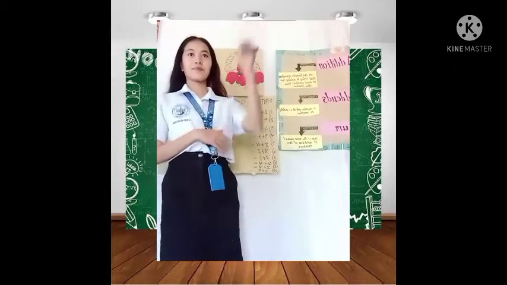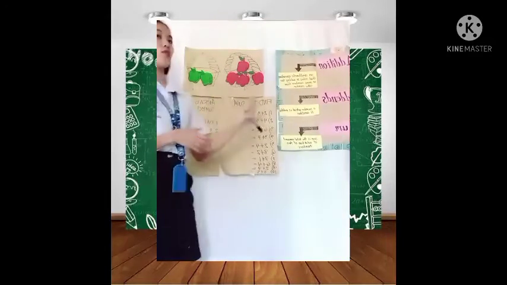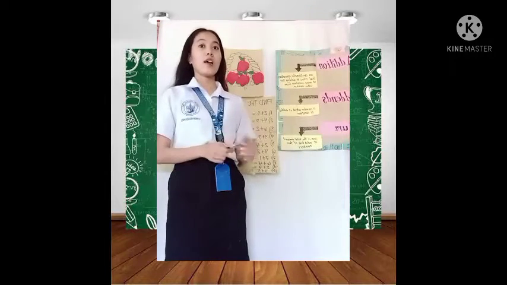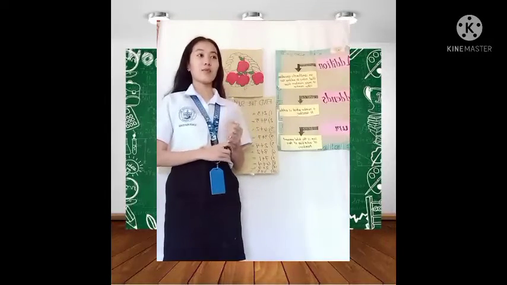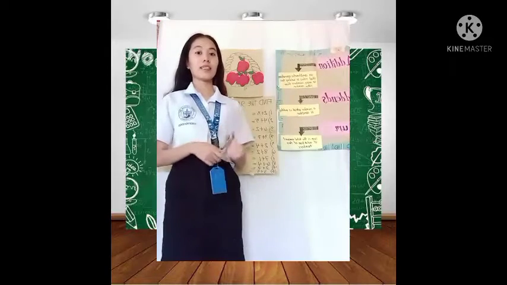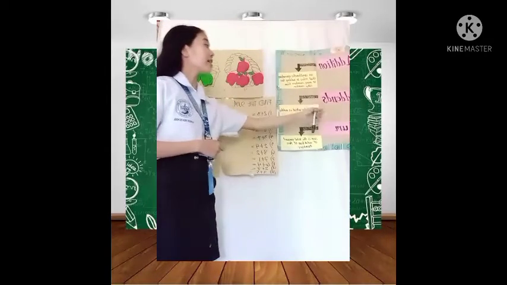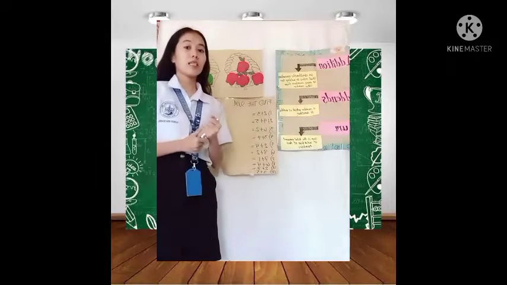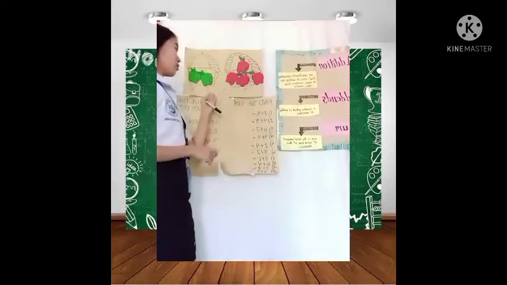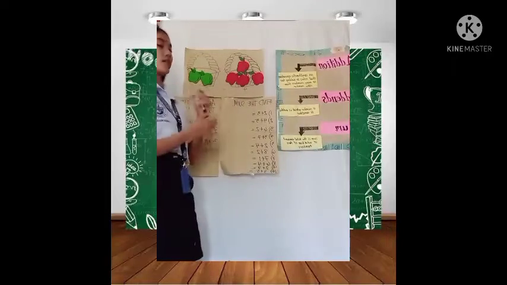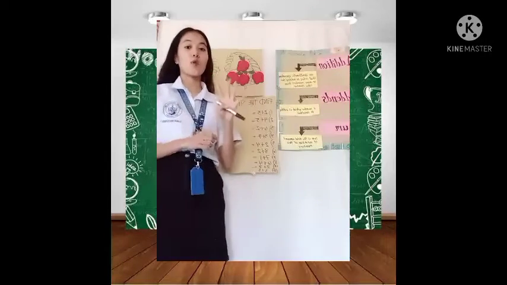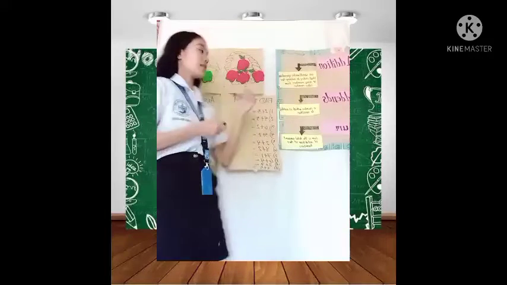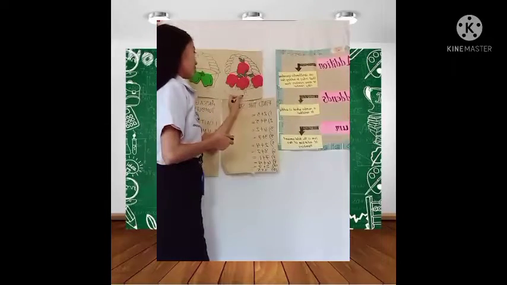Yes. 4. So Jessie said that 4 is the addends. So are you sure with that? Let us see. Addends is a number which is added to another. So it means that the addends here in the situation 4 plus 2 equals 6 is 4 and 2. Not just 4, not just 2, but both numbers.